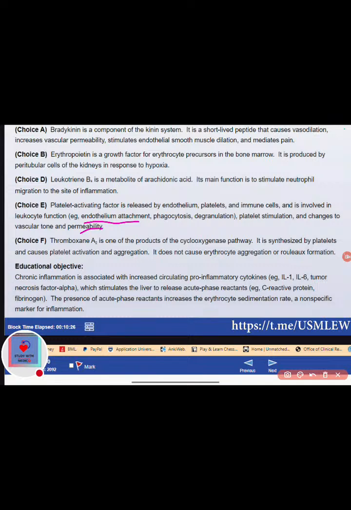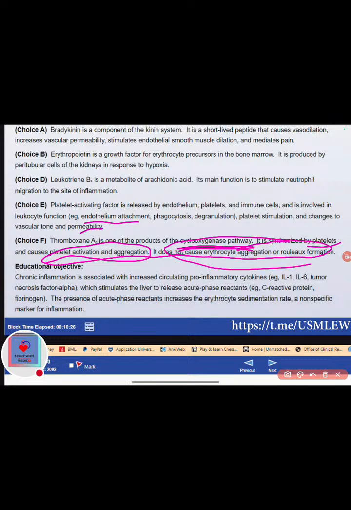Thromboxane A2 is a product of the cyclooxygenase pathway. Remember this: it is synthesized by platelets and causes platelet activation and aggregation. It does not cause erythrocyte aggregation or rouleaux formation.